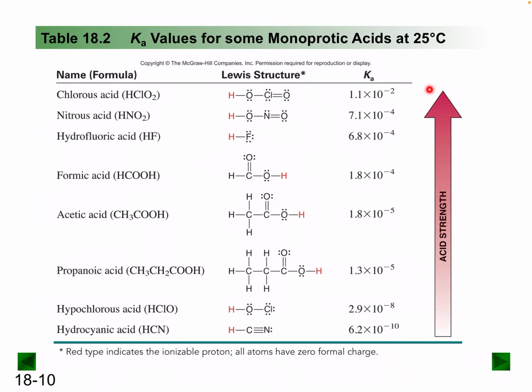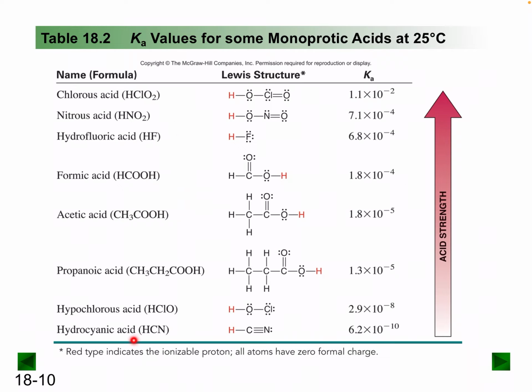Hydrocyanic acid, which is this hydrogen, only one hydrogen that's making it acidic. Now if you look at the Ka values, negative 2, negative 4, negative 4, negative 4, negative 5, negative 8, negative 10. So this one is a small number compared to this number, right? So this Ka is a smaller number, and this K is a higher number. Then the acid strength you can see increases along this way. All of these are weak acids.